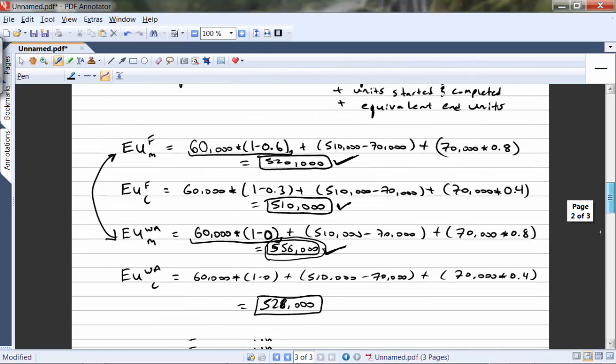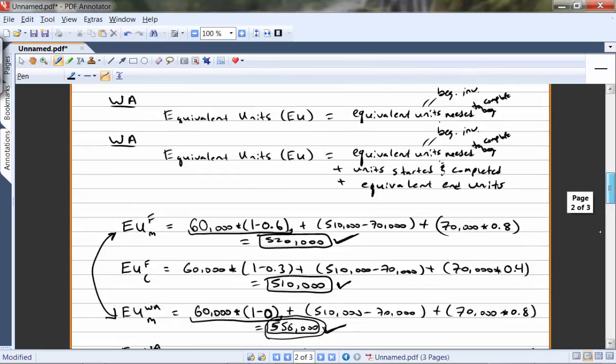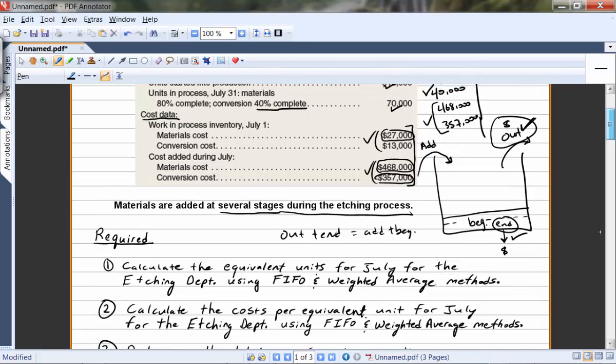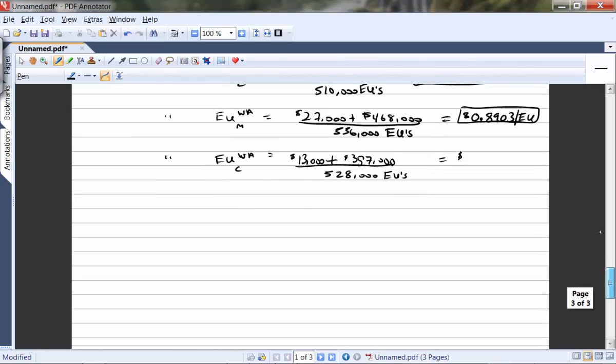See, right here. There's that, and the costs that were at beginning for conversion, there's the 13,000, and then the 357. And then when you do this, you're going to get a decimal. I'll round to the 4th decimal place. So we have this.